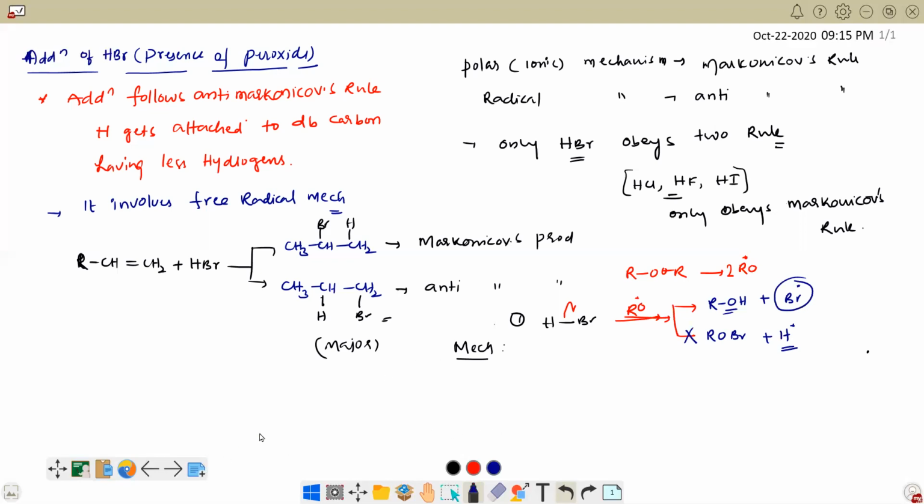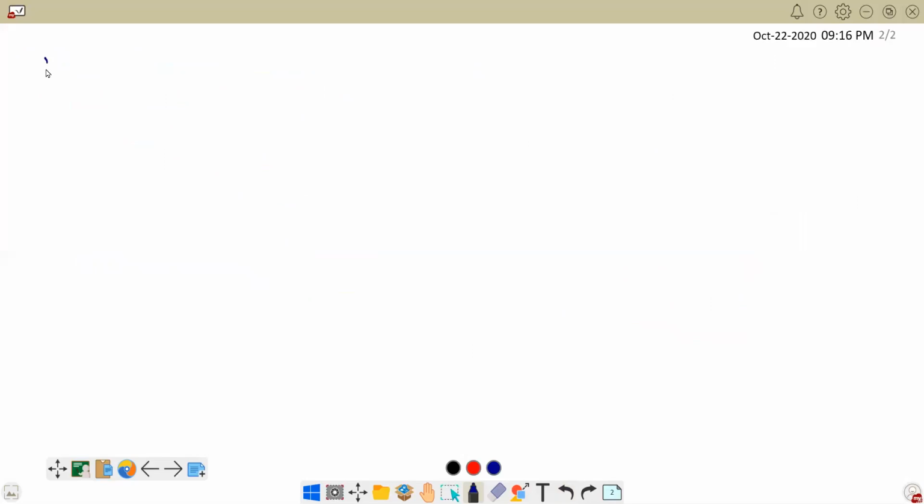Step 2 is what? Actually, the Br radical generated adds to the double bond, which forms a stable carbon free radical.